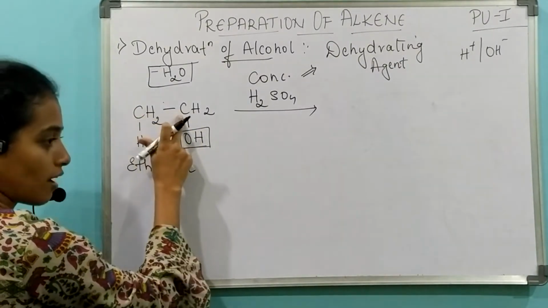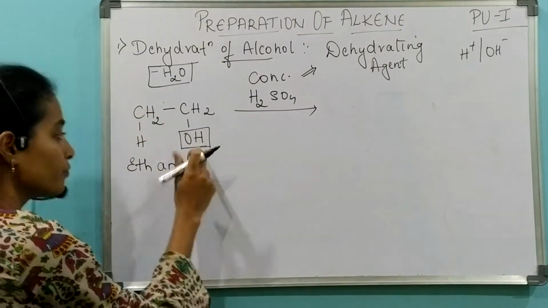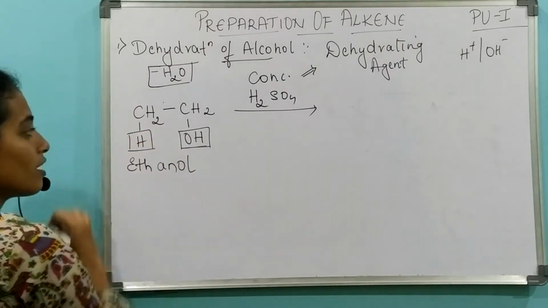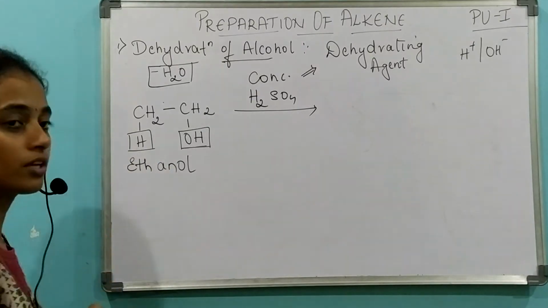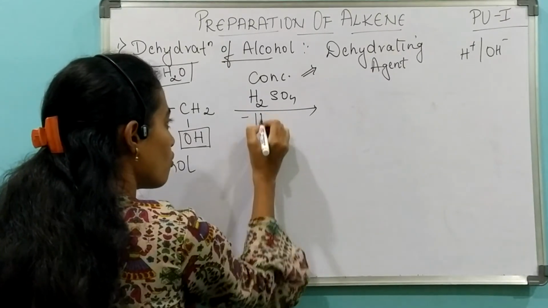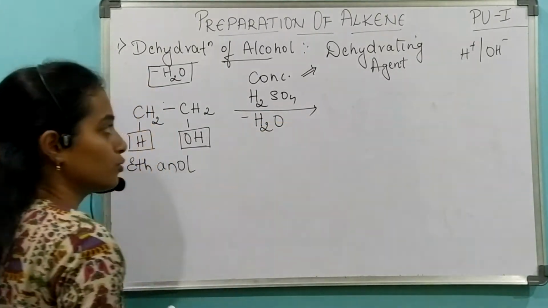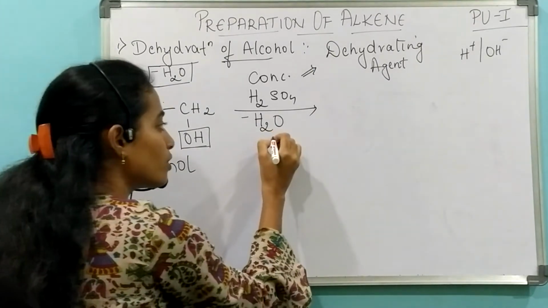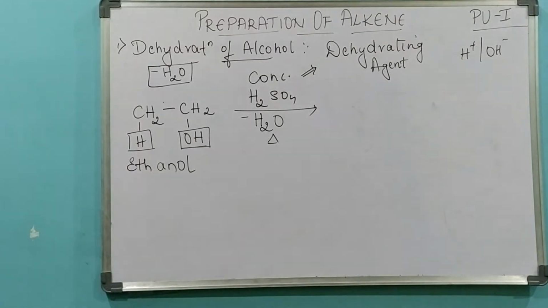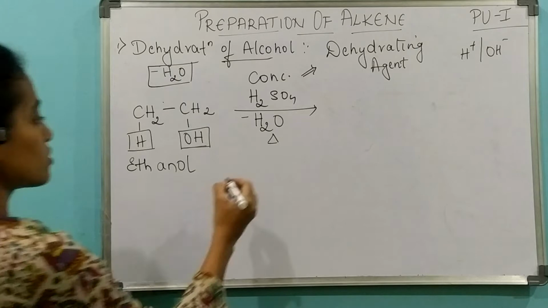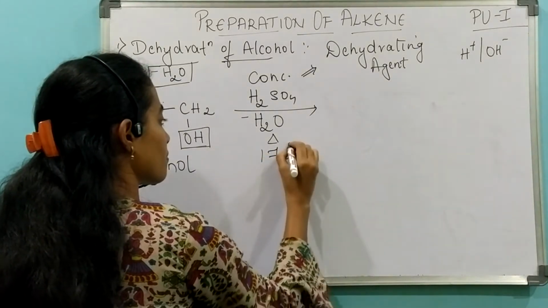Here I have OH, and from the adjacent carbon I will be removing the H. That is removal of water molecule. You have to heat it. This particular reaction, where you have taken the primary alcohol, is done at a temperature of 170 degrees Celsius.